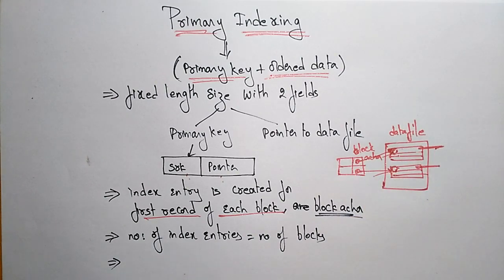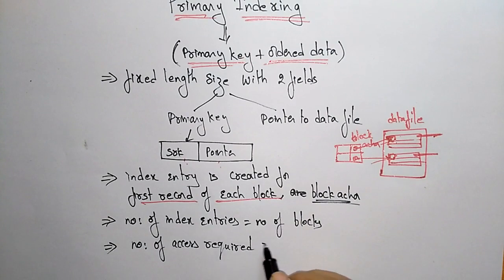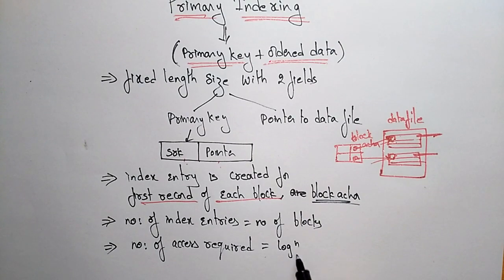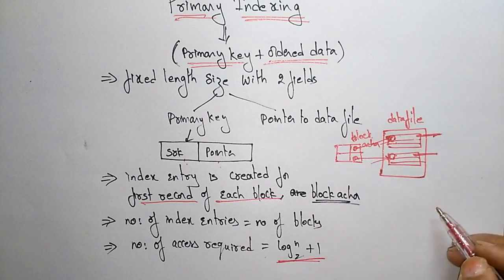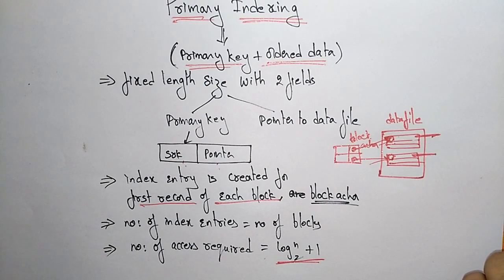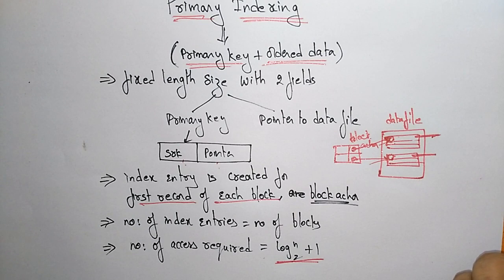Next point: the number of accesses required. The number of accesses to the blocks required is equal to log n to the base 2 plus 1. This is the formula to calculate how many accesses are required, how many blocks we have to access to find the required value.